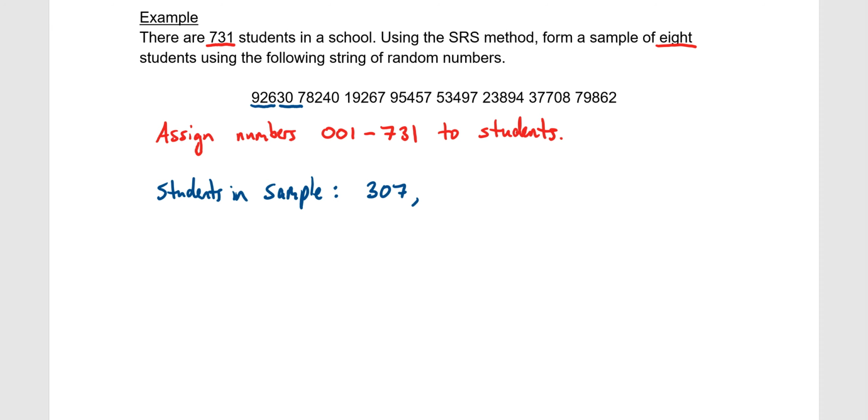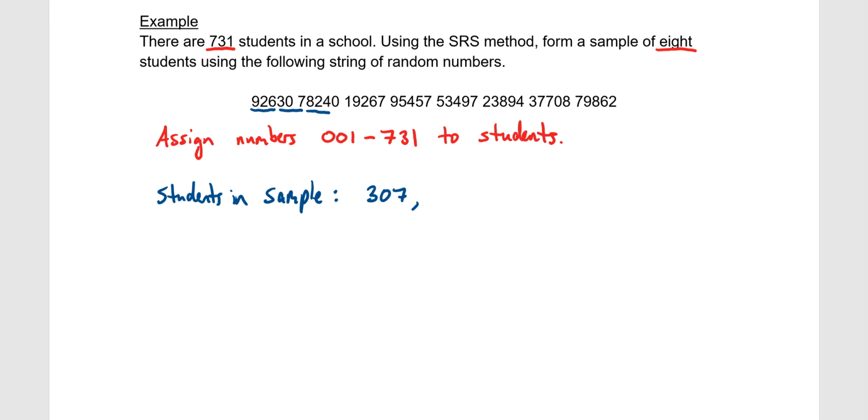And notice that these are chopped up in groups of 5 in our random numbers here. That's only for a visual. It doesn't represent anything other than a visual aid. Okay, the next one is 824. 824 is not in our range of numbers, so we ignore it. And then there's 019. Student number 19 is going to be part of our sample. There's 267.